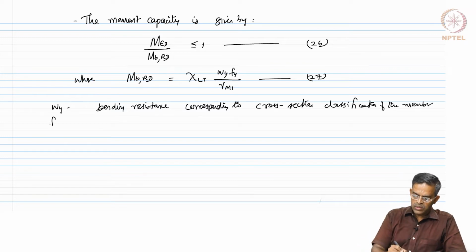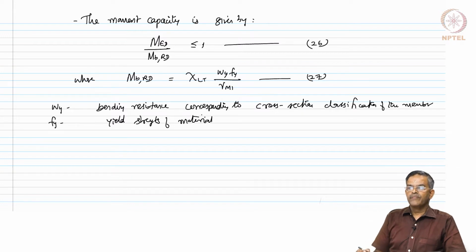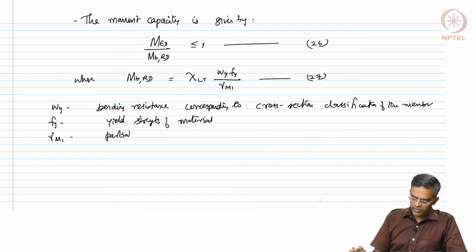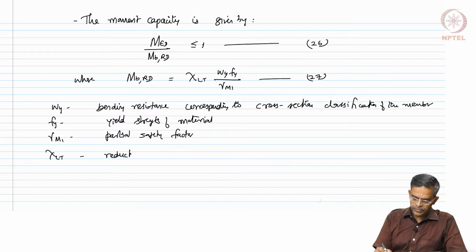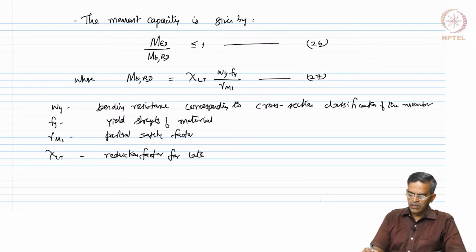Of course, f_y is the yield strength of the material. Gamma M1 is the partial safety factor, and psi LT is the reduction factor for lateral torsional buckling.